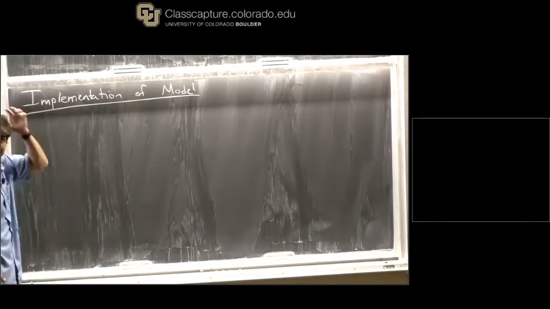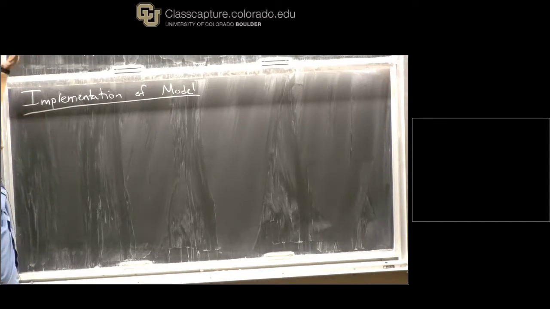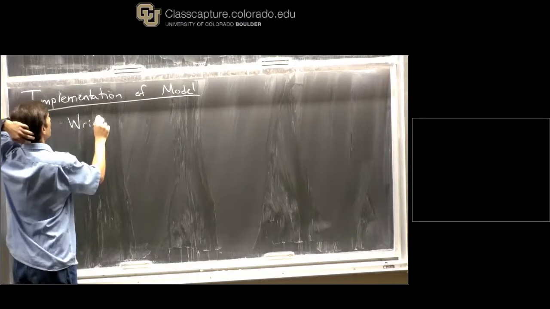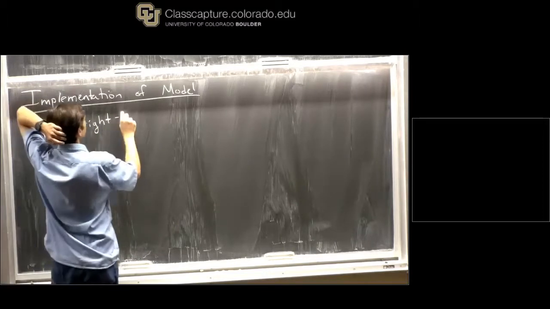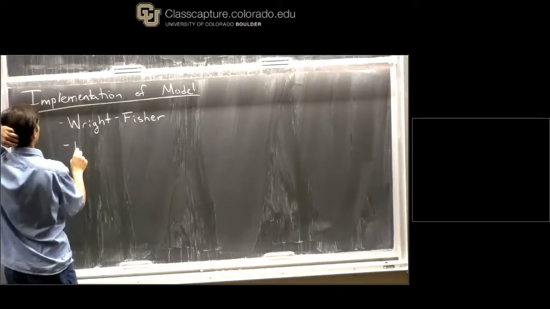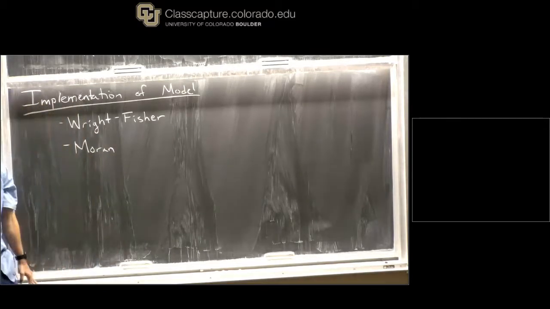All right, so there are a whole bunch of specific stochastic models that include these basic components that people have written down. Let me talk about a couple of them. So how many of you have heard about the Wright-Fisher model? Have we talked about this? How many of you haven't?